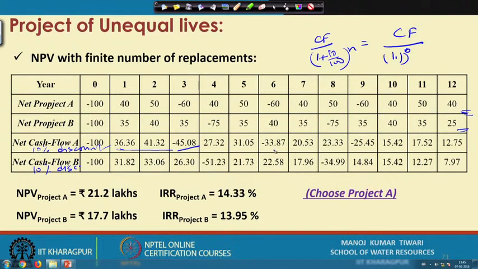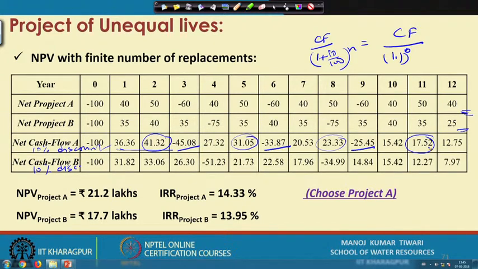The same amount of investment in year 6 is becoming around 34, and in year 9 is becoming 25. Similarly, the same amount of return, let us say 50, in year 5 is 31, in year 2 is 41, in year 11 is 17, in year 8 is 23. So, that is how the same amount of cash flow is actually losing value across time when we discount it this way.